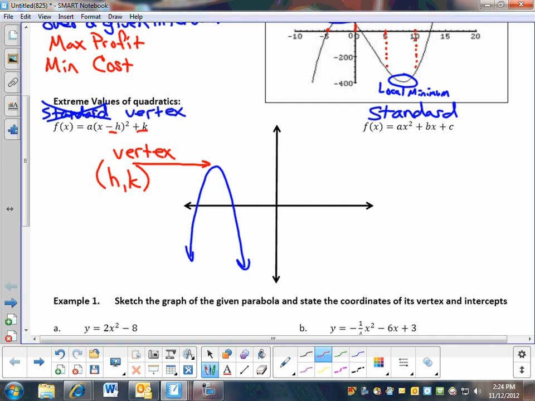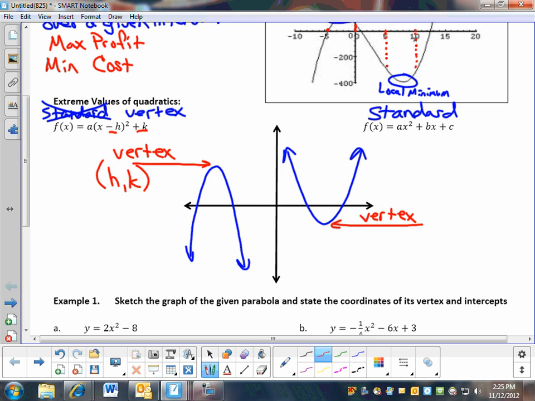We're not going to work on those today. We're going to work on these. And let's say you were to graph this and it looked like that. Well, in this case, you would have a minimum. And again, it happens at the vertex. Anybody remember how you figure out the vertex for those?